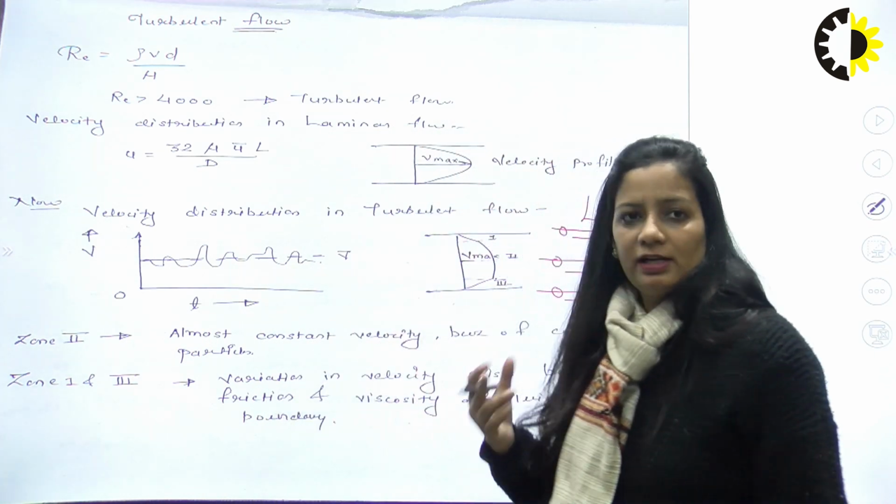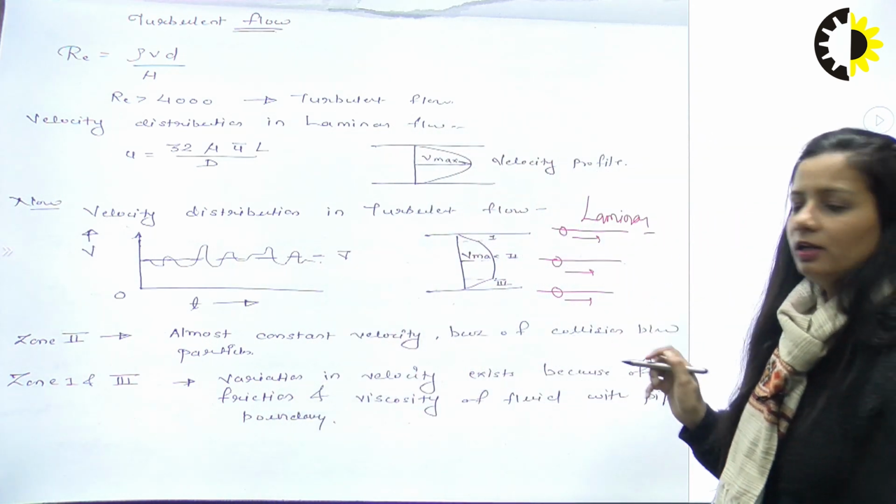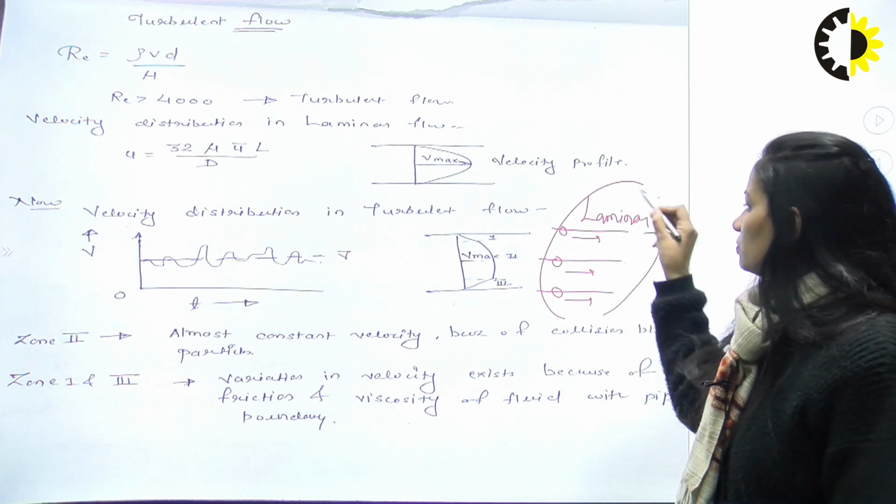So there are two conditions you need to satisfy for the flow to be laminar.